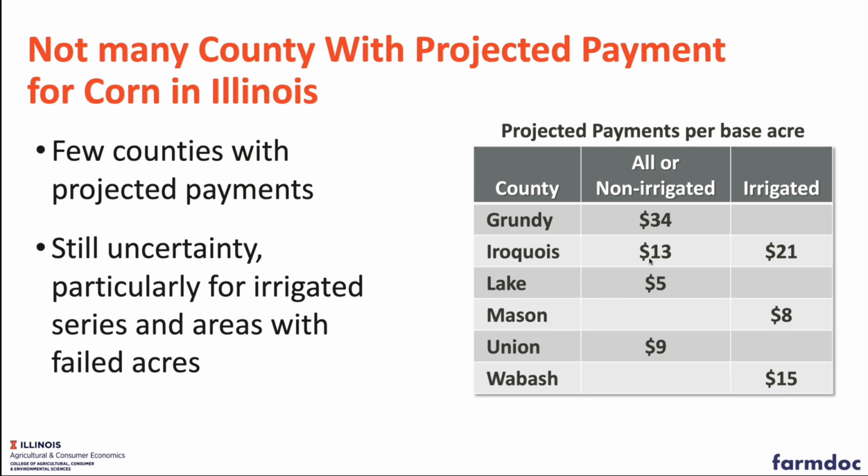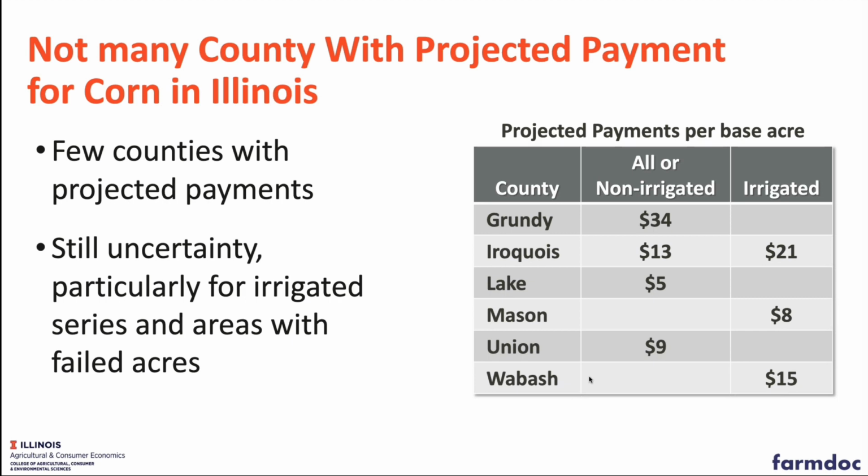Iroquois County 13 to 21, Lake 5, Mason 8 on irrigated, Union 9, Wabash 15. So what we're seeing, if you look at it, there's that Grundy, Iroquois County, sort of along the border, northern central Illinois, where we had worse yields than others. And those areas look like ARC County will make a payment because their yields are lower.